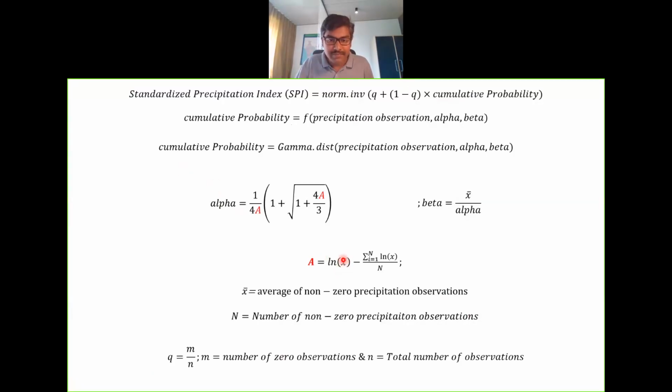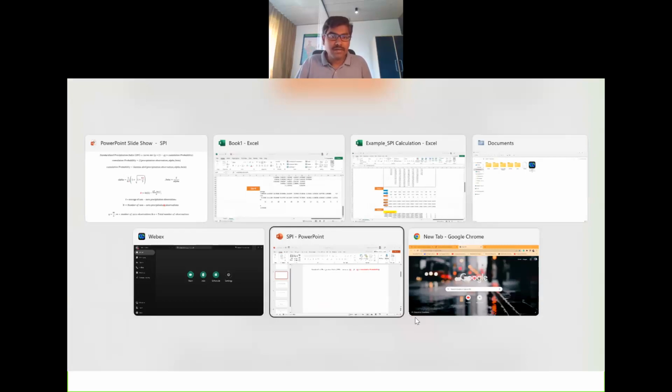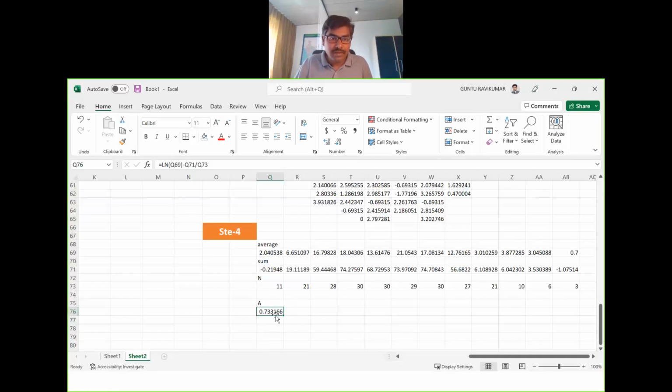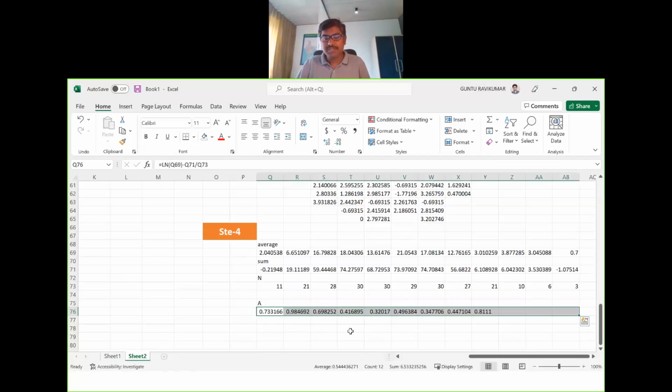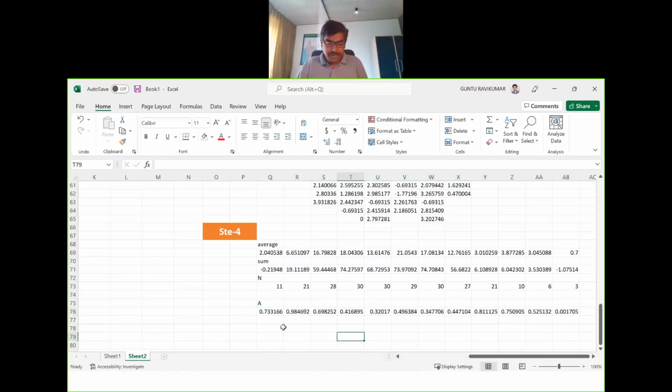So, ln of average minus summation by capital N, where N is the number of non-zero observations. Now drag this for the rest of the months. So we calculated capital A.